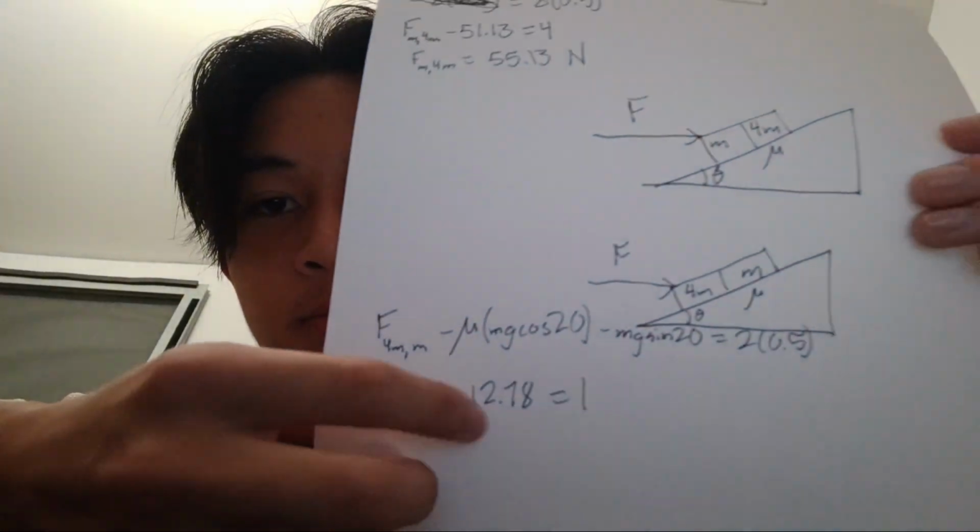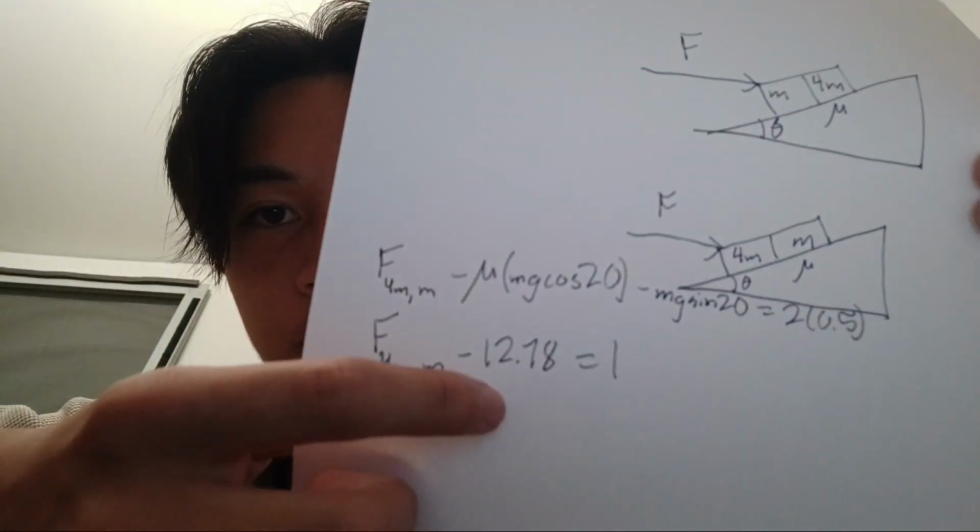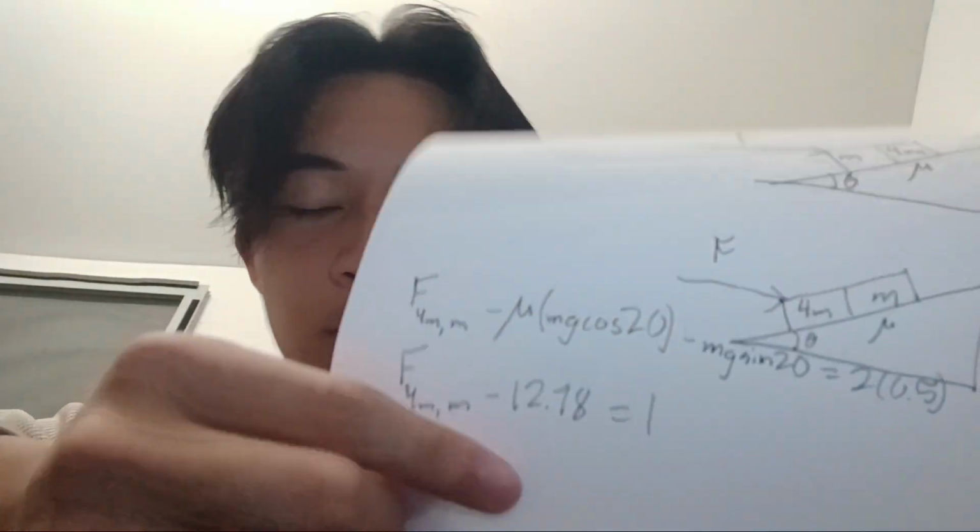Plug that in. We get this, right? And then just add 12.78 to both sides.